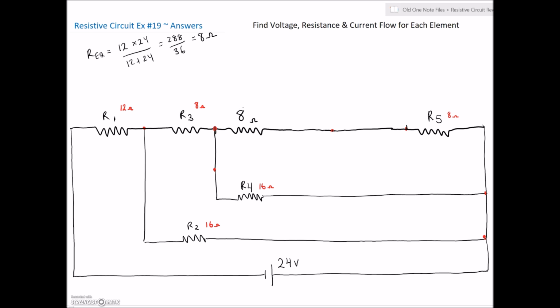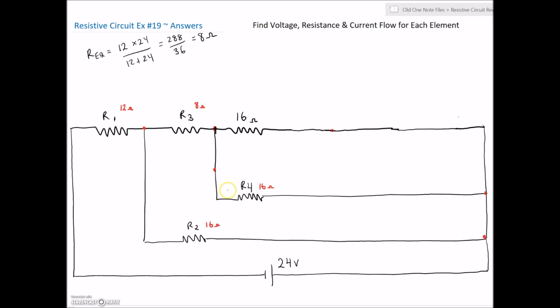Nice. Okay, that is now in series with R5. So we've broken everything down here to one equivalent resistance of 8 ohms, which is in series with R5. So now we can eliminate R5, which was 8 ohms, add that on to our equivalent resistance, and now we've got 16 ohms for that equivalent resistance value. Nice. Right below that, we've got another 16 ohms.